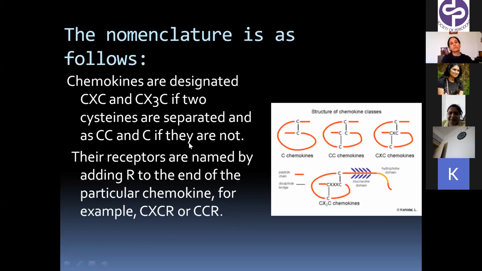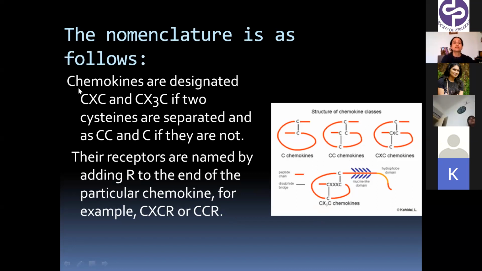Now you must have come across these different types of classification: CXC, CX3C. What are they? They are the classification system of these cytokines. If the two C's, the cysteine residues, are together, they are called CC. If they're separated by distance, this is called CX3C. How many X's there are will decide what it is.